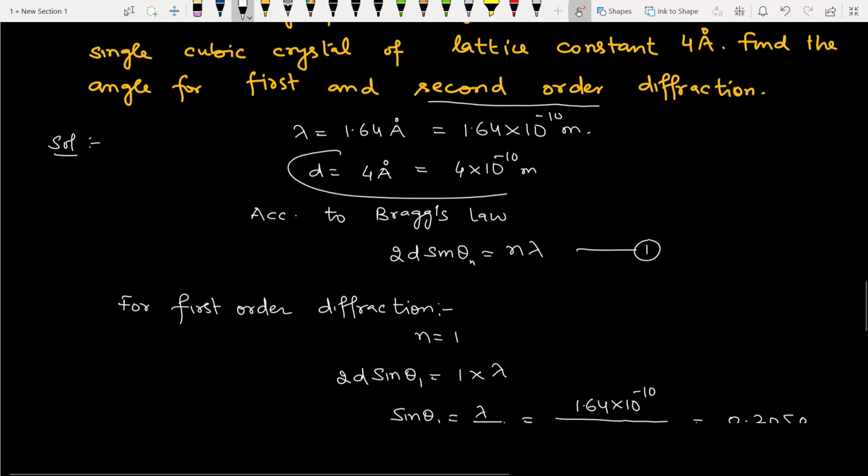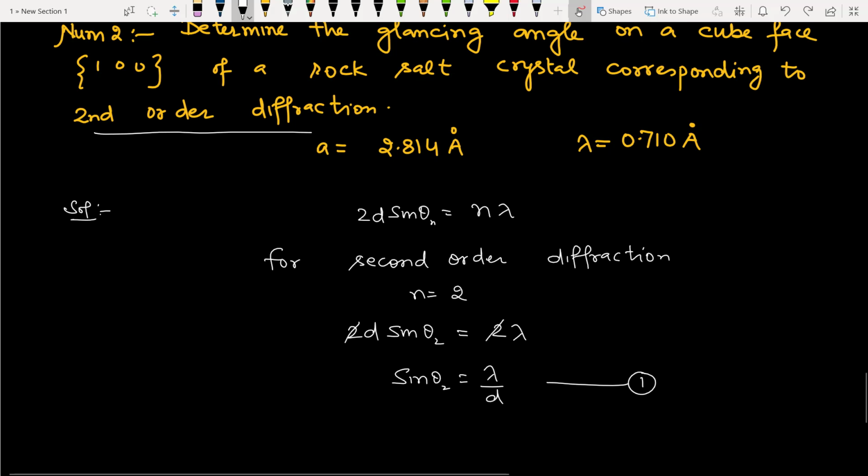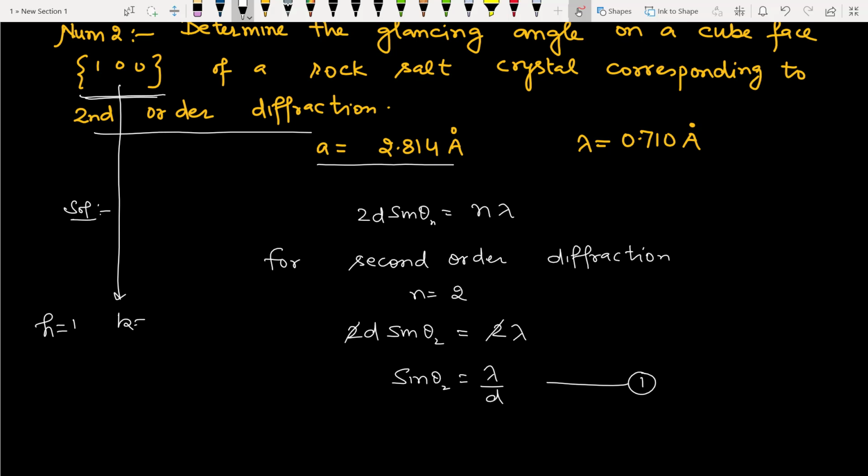but in the present question d is not given to us; rather we are given the edge length and the Miller indices. So from here Miller indices are h is equal to 1, k is equal to 0, l is equal to 0.